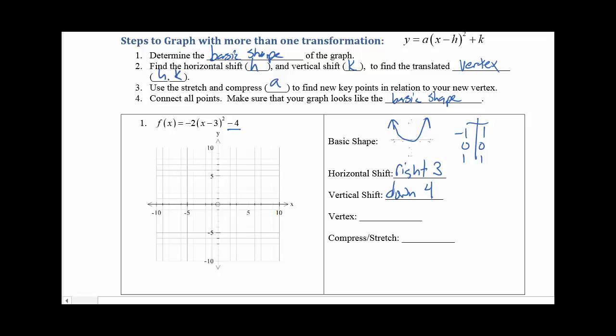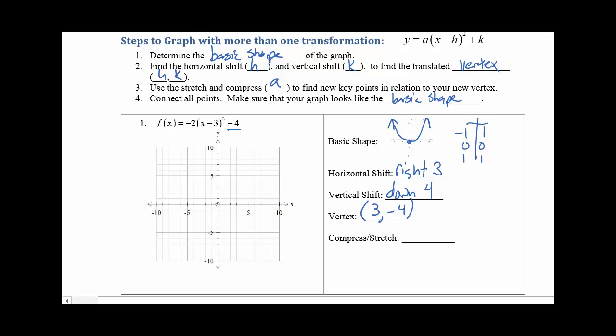And so where did our vertex go? If we're starting at 0, 0, if I go right 3, so 1, 2, 3, and down 4, I'm now at 3, -4. And so that's where my new critical point and my new vertex should start.